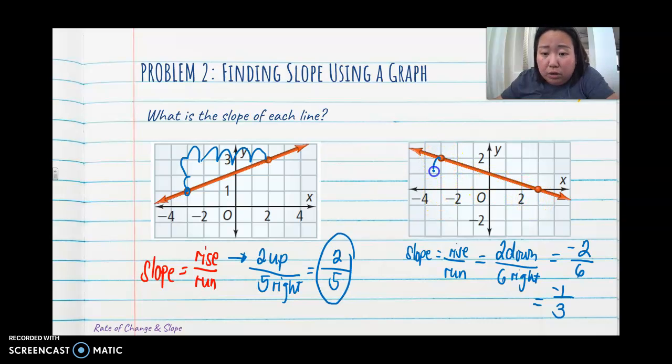We go down, and we go down by 2. And then going to this next point, we have to move to the right, and you can tell 1, 2, 3, 4, 5, 6. So it is 2 down over 6 to the right. Down is negative, right is positive, so it's negative 2 over 6, which you can simplify as negative 1 over 3.